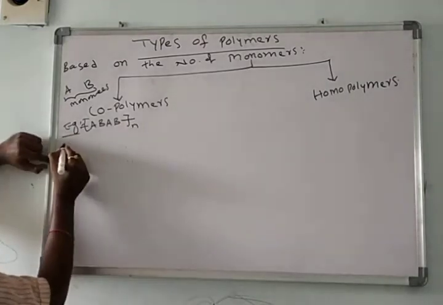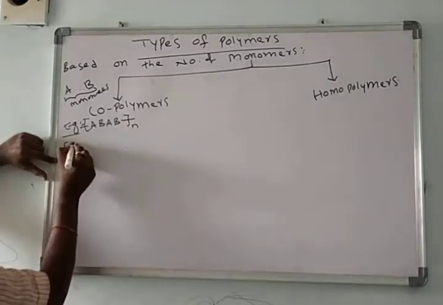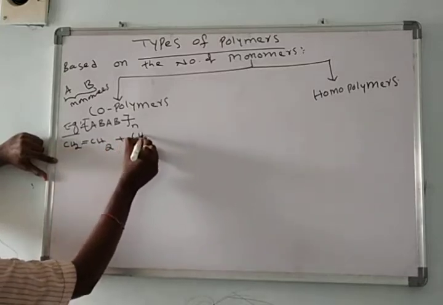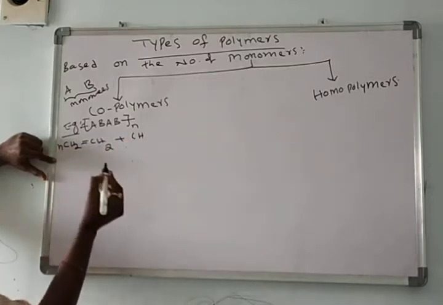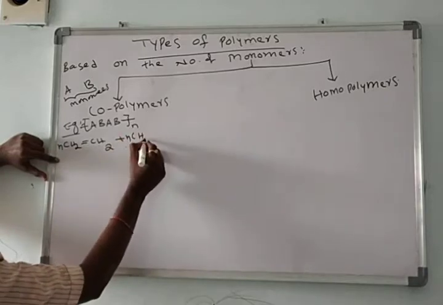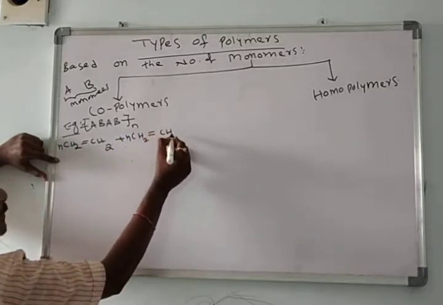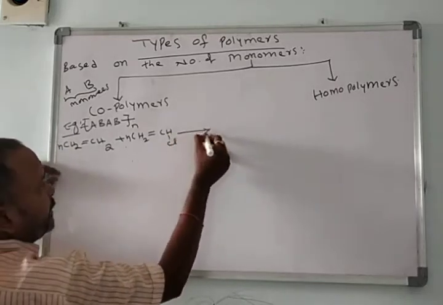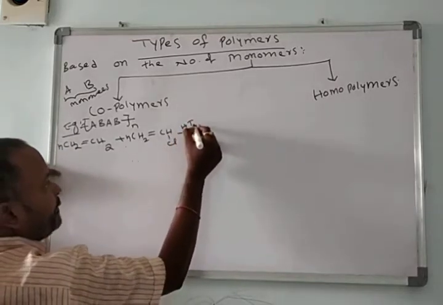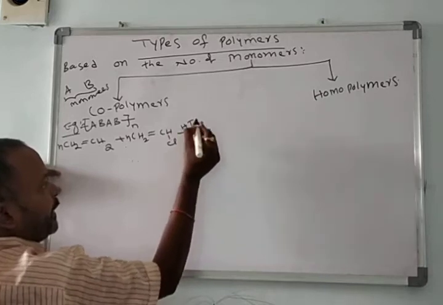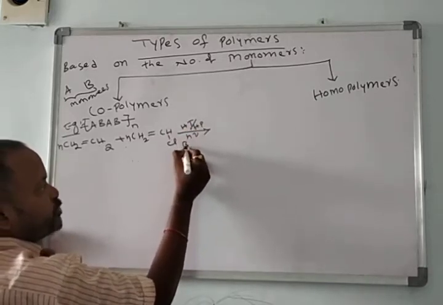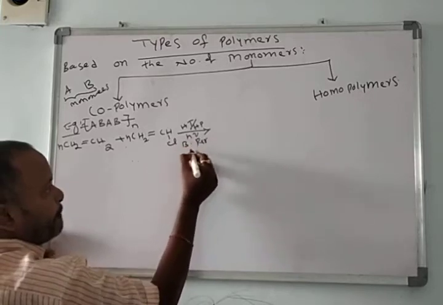Example for this, I am taking a live example. I am taking ethylene, addition with a number of vinyl chloride molecules at high temperature, high pressure, in the presence of sunlight and benzoyl peroxide.